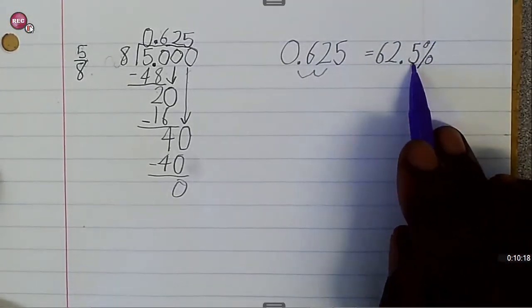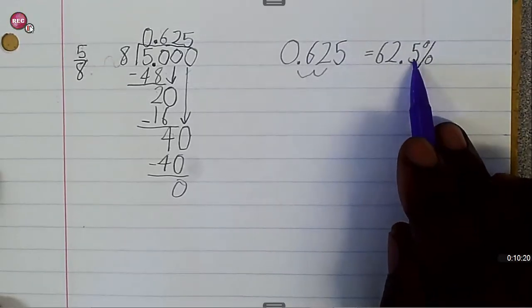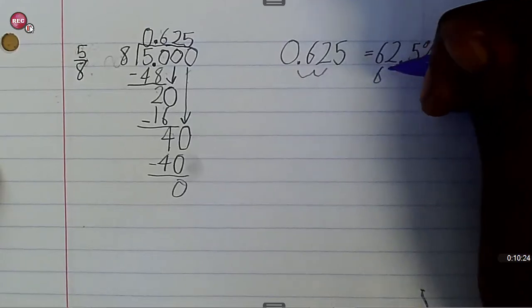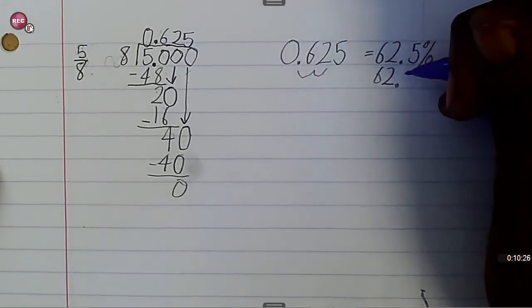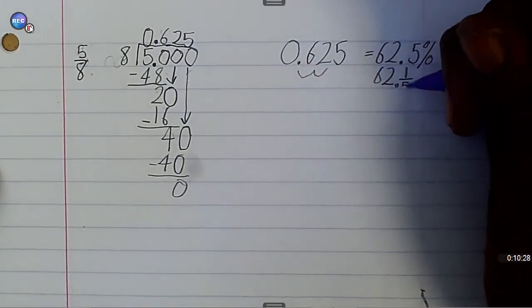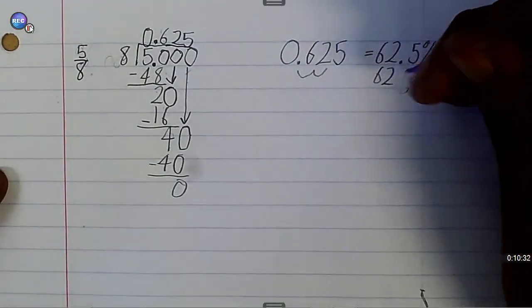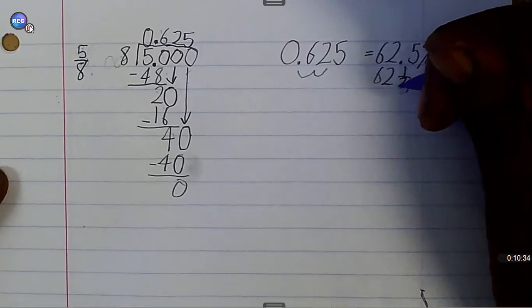Or, since we know that 5/10 is equivalent to 1/2, we can write it as 62 and 1/2%. I gotta erase that. 62 and 1/2%.